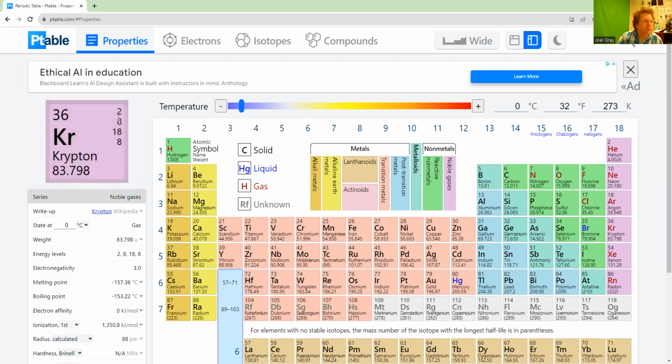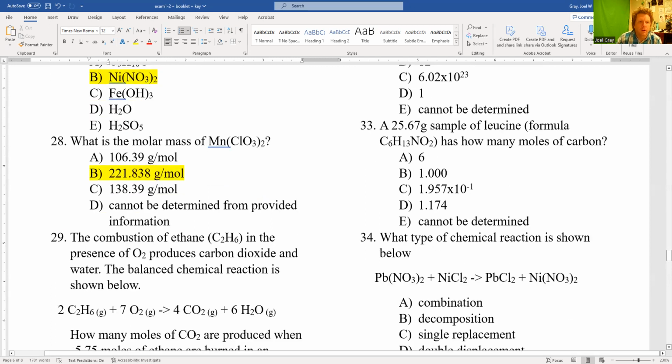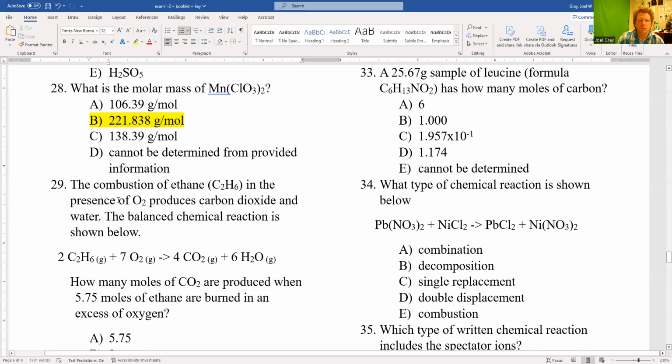And ultimately for this question, number 28, you get B, 221.838.